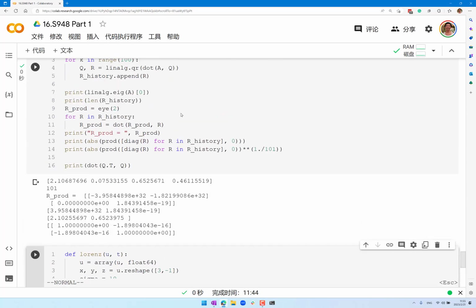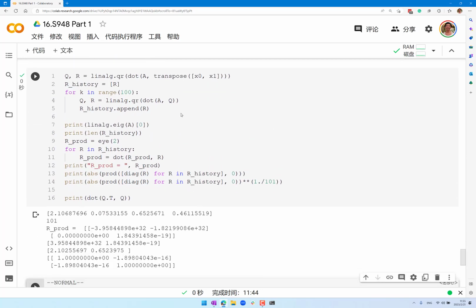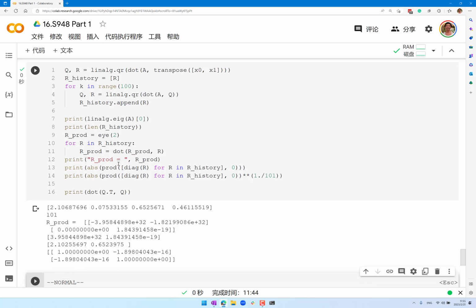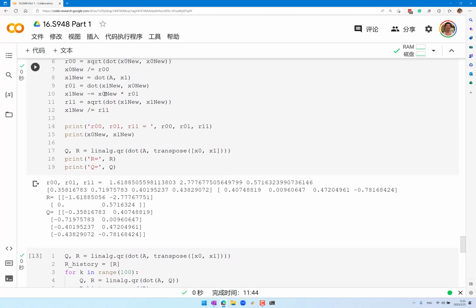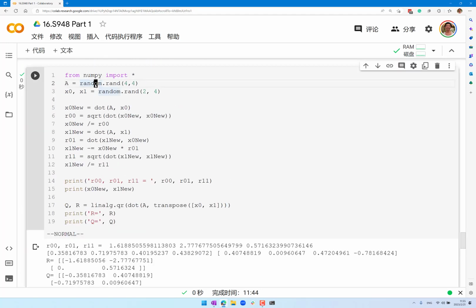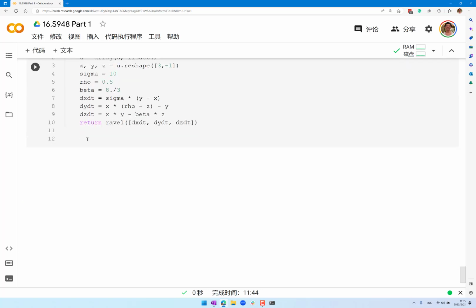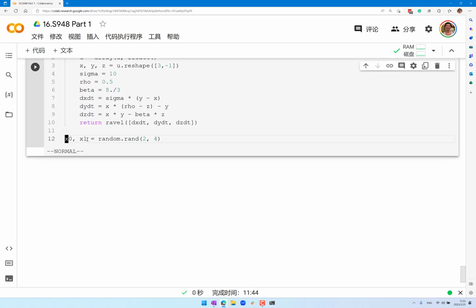So what's the equivalent to this dot product? We are still going to initialize two random vectors, so we're doing the randomization the same way, but instead of 2 by 4, we have 2 by 3.